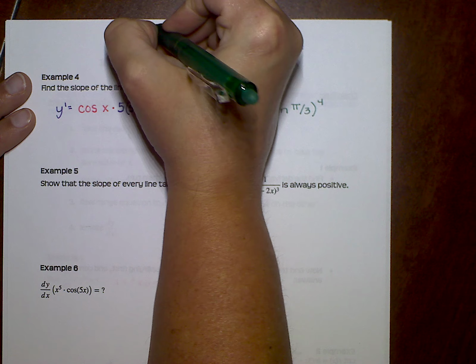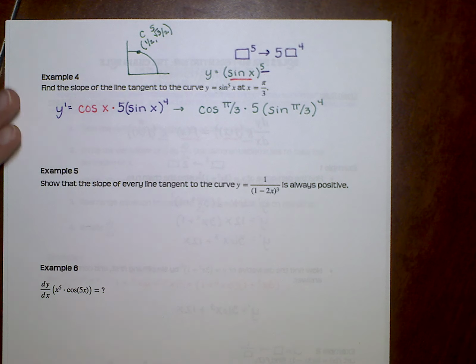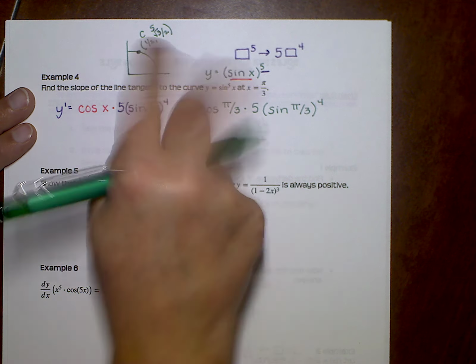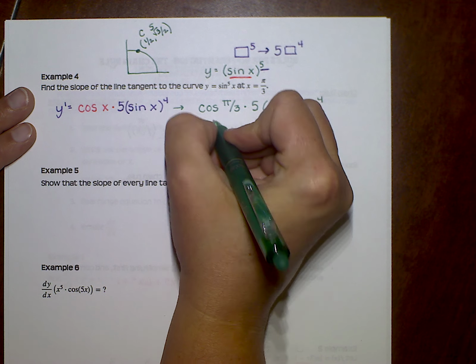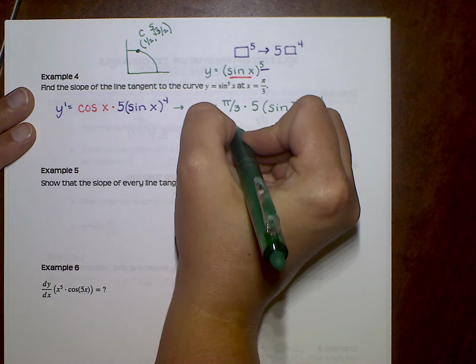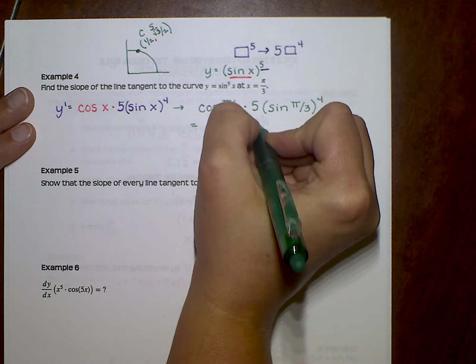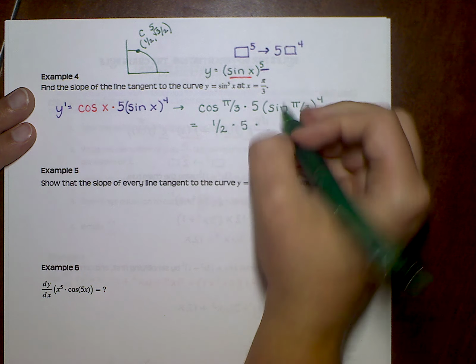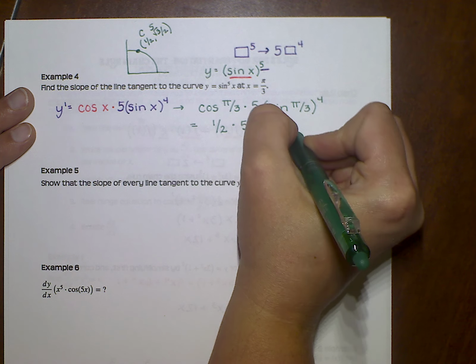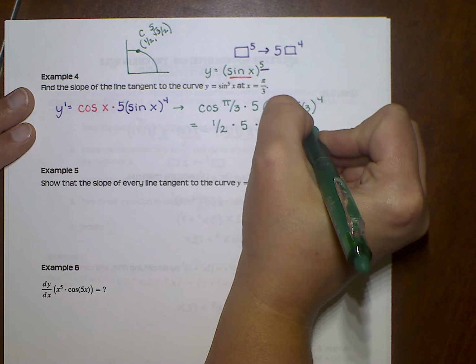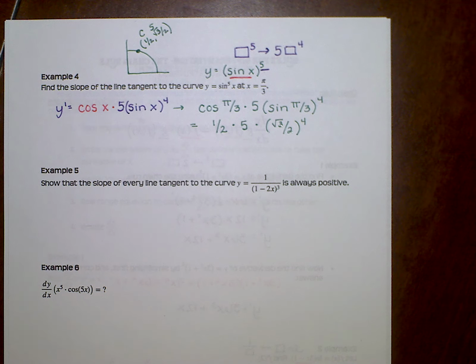So remember, this is the cosine and this is the sine. So I'm going to plug those numbers in. So cosine is 1/2 times 5 times sine of pi over 3, which is square root of 3 over 2, and we're going to raise that to the 4th power. I'm running on the assumption that we're doing this without a calculator here, okay?